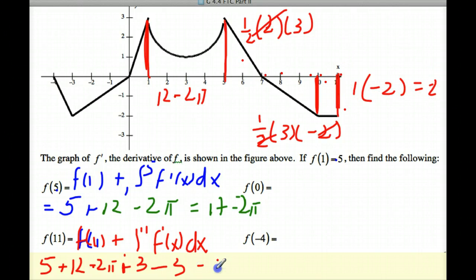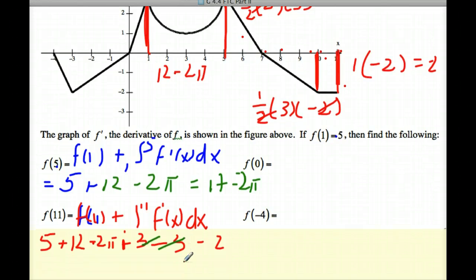So I do a -2 right here. And what we see is this 3 cancels that 3. I'm going to make more space right here. And I get 5 plus 12 is 17, minus 2 is 15. So our area is 15 minus 2 pi. Good.